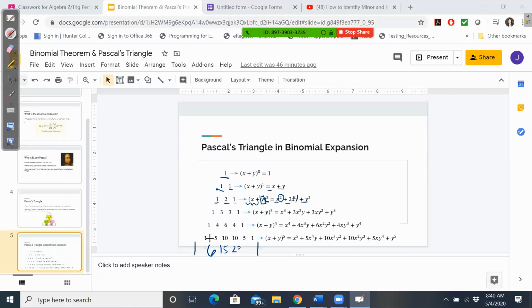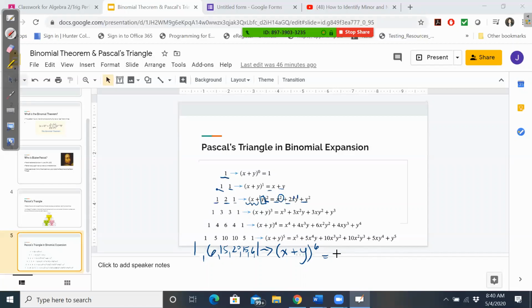So I'm doing 1 plus 5 is 6, 5 plus 10 is 15, 10 plus 10 is 20, 10 plus 5 is 15, 1 plus 5 is 6. So these would be the terms for my 6th entry. And if I was doing something like my first term plus my second term to the 6th power, it's going to look like this.